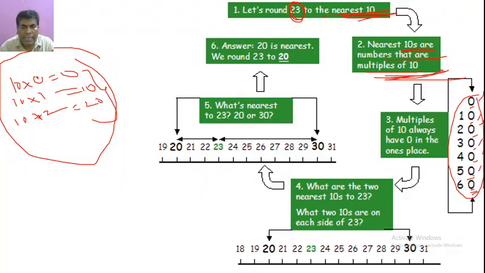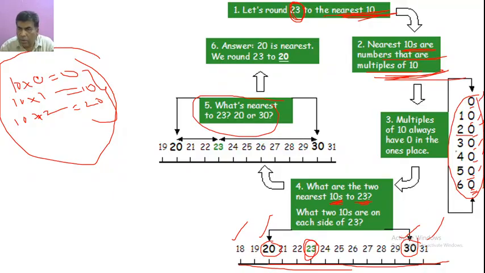Now we have to find what are the two nearest tens to 23. If on a number line I write numbers from 18 to 31, where is 23? Here it is. Where is 20? Here. Where is 30? Here. Now, observe the distance. What's nearest to 23, 20 or 30?